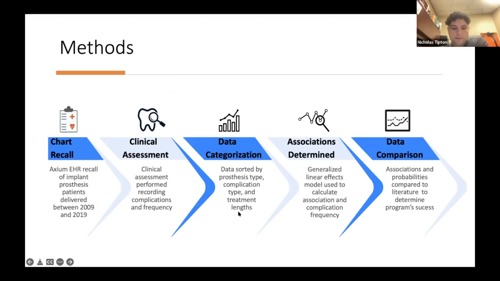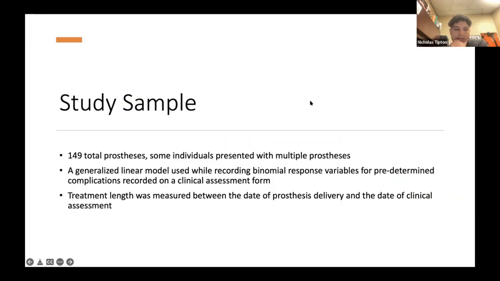This is the methods of the study. We did an EHR recall of these patients. We called them in to do a clinical assessment. We categorized the data, used a generalized linear effects model, and then took a look at the data. In total, we had 149 prostheses.